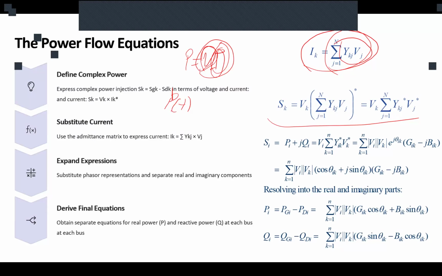Okay? So we show the power in an AC system or power system with S, which we call complex power or apparent power, which is a complex number equal to the active power plus reactive power.